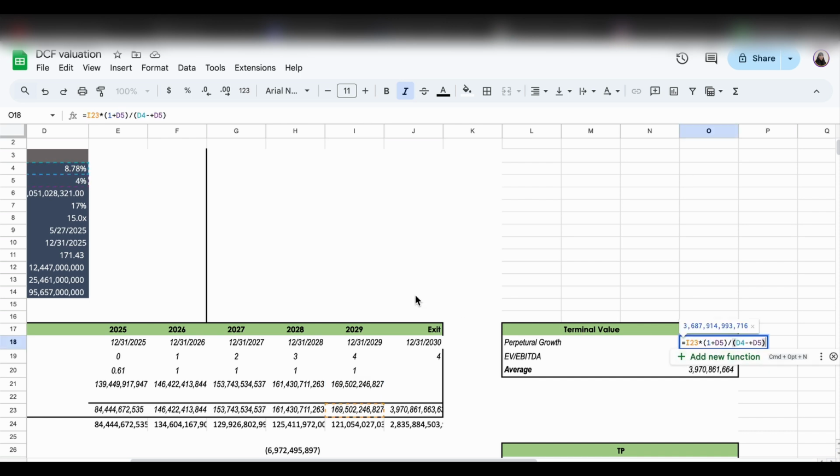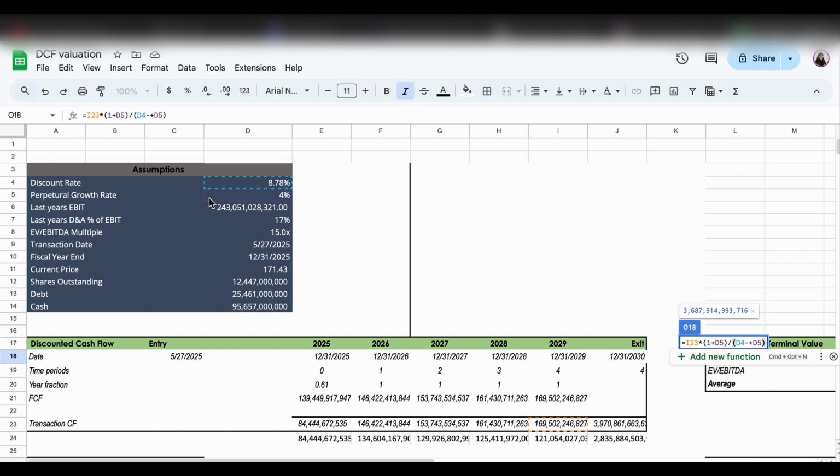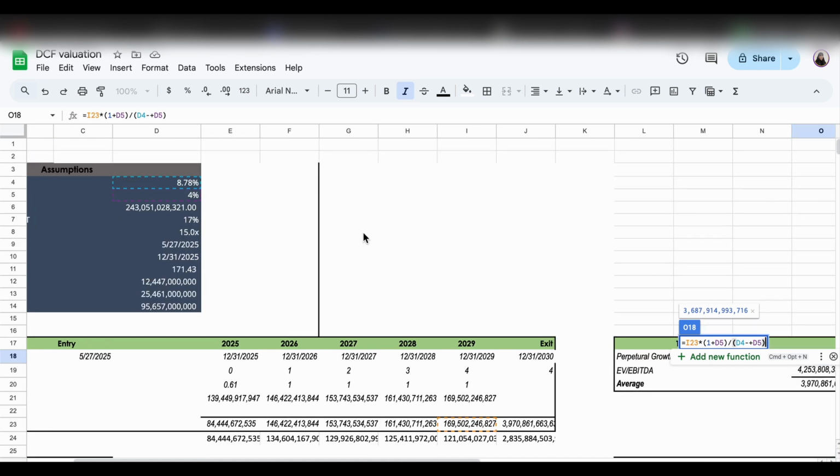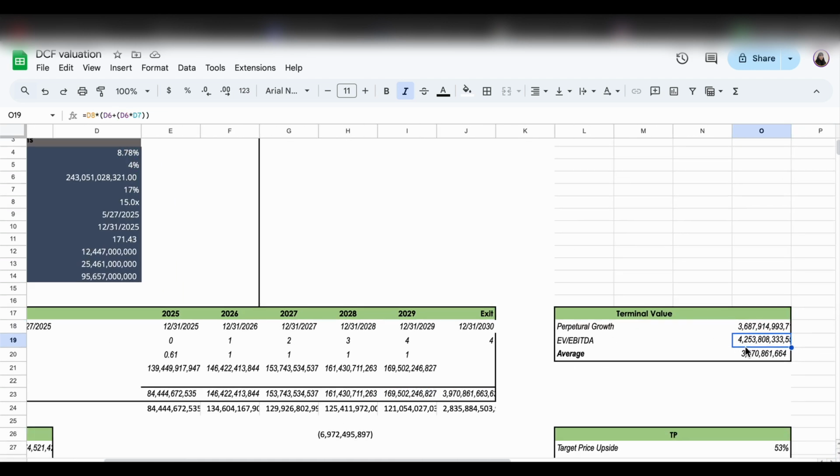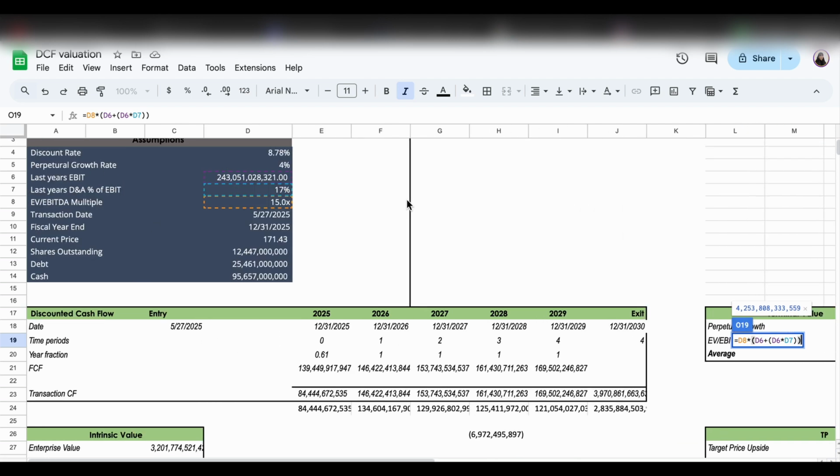Then we multiply it by 1 plus the perpetual growth rate divided by discount rate plus minus the perpetual growth rate. Plus minus because this thing can be a negative sign, but we need it positive. So that's why it's a plus minus. And then enterprise value to EBITDA is calculated using this formula D8.